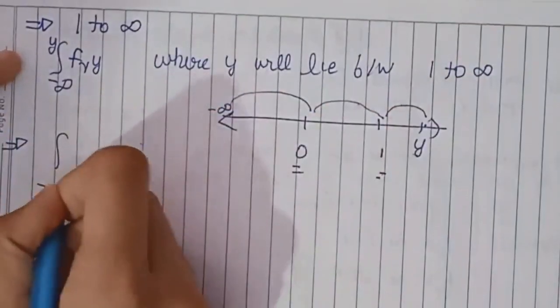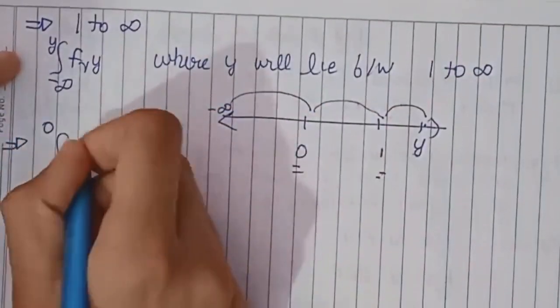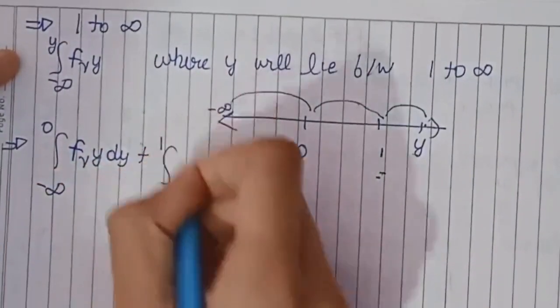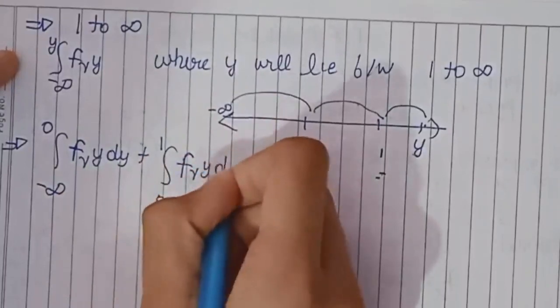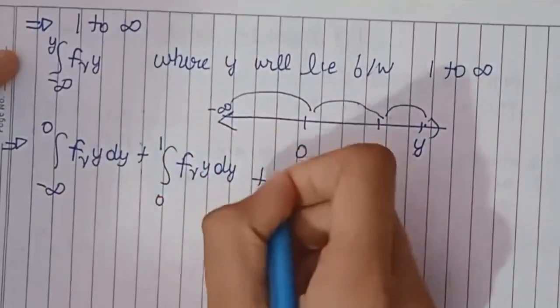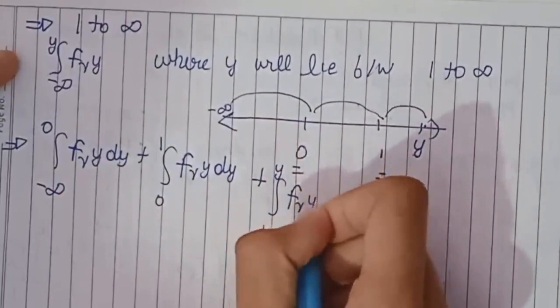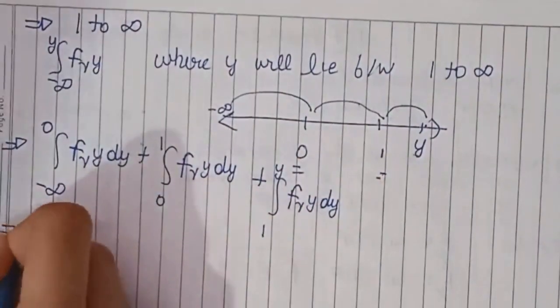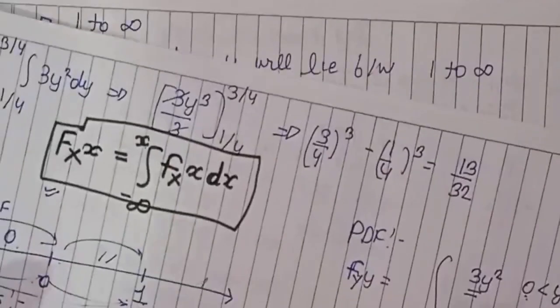So the integration will be like this: minus infinity to 0, 0 to 1, 1 to y. Now we know that the PDF value from minus infinity to 0 is 0, so I will put 0 here.